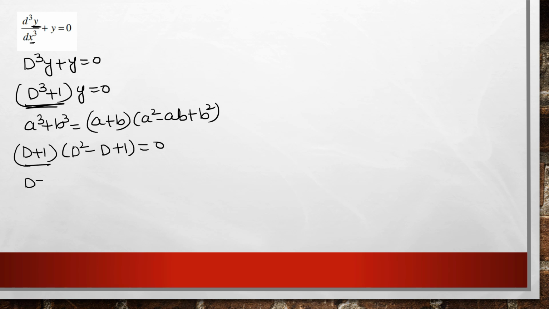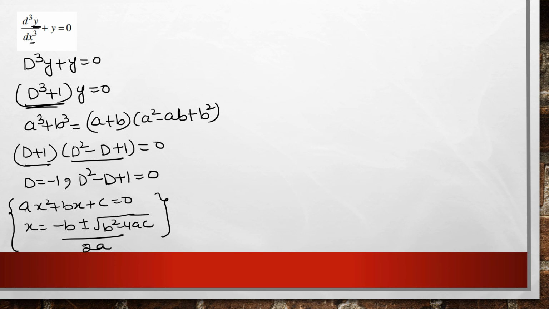So from here you get D equals minus 1, but from the quadratic factor you need to apply the quadratic formula to get the roots. I hope that formula is known to you. So this is the formula which we will apply. D will equal minus of minus 1 plus or minus the root of b square, sorry, here our b is minus 1, so (minus 1) square minus 4 into a which is 1, c which is also 1, over 2 into 1.